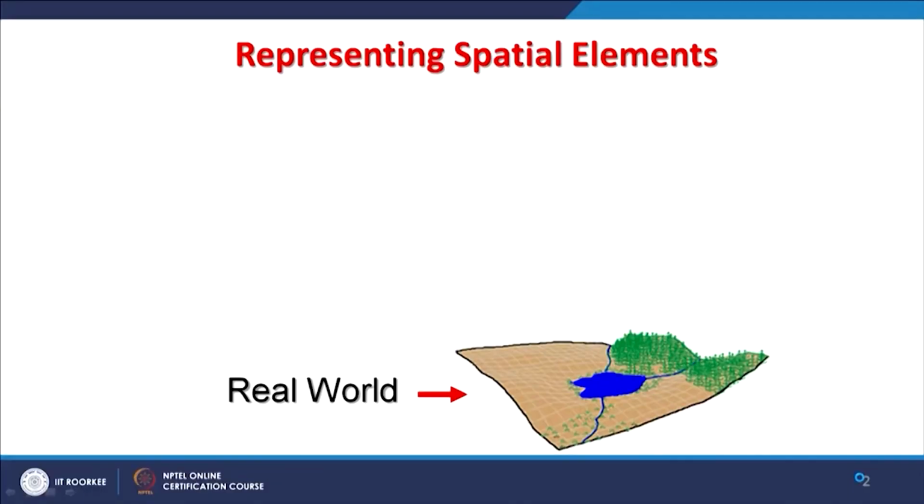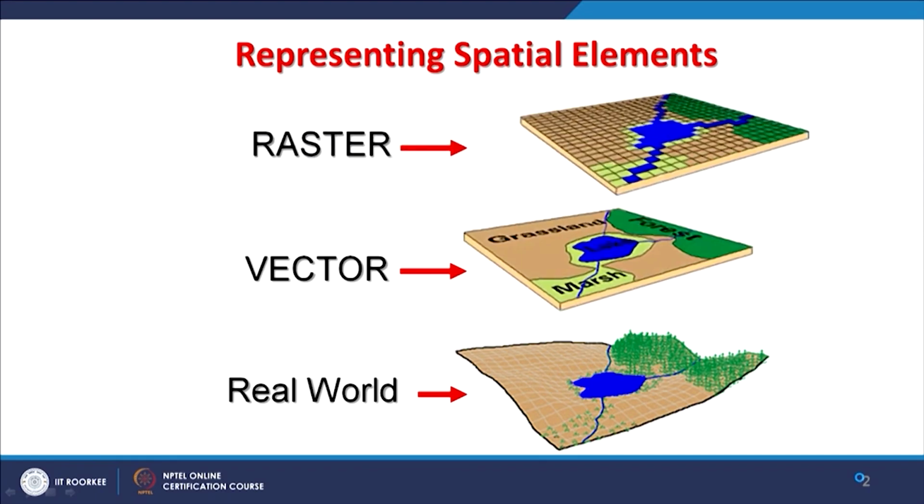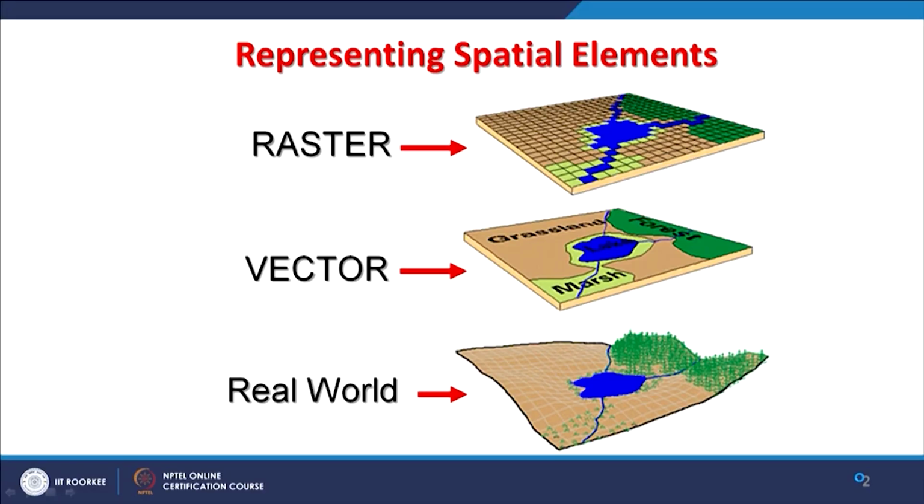Just to connect with the previous discussion, the real world can be converted either into vector or into raster. Raster means we have data in grid form, and rasters are of two types, whereas vectors are of three types.